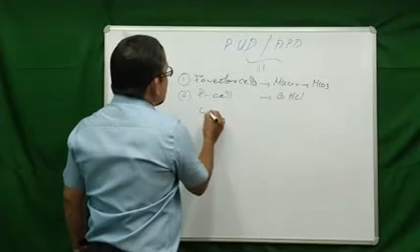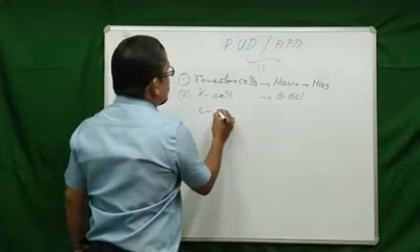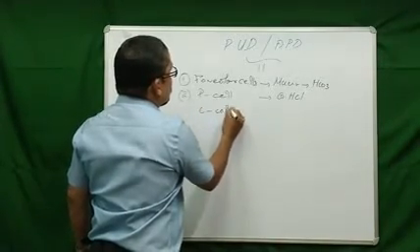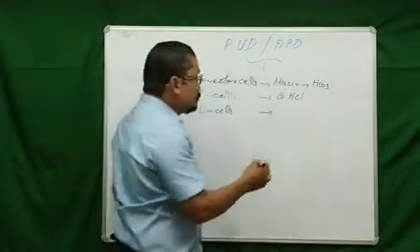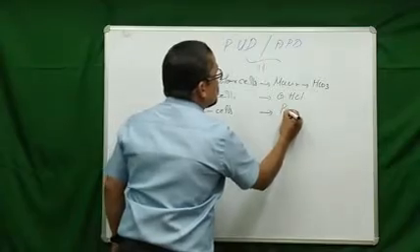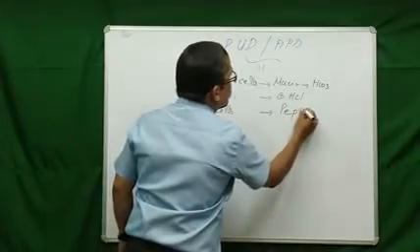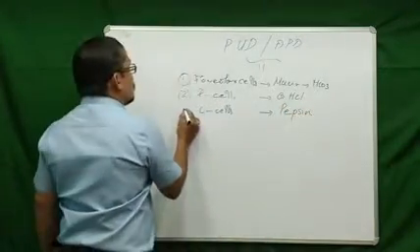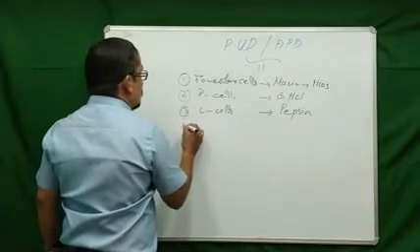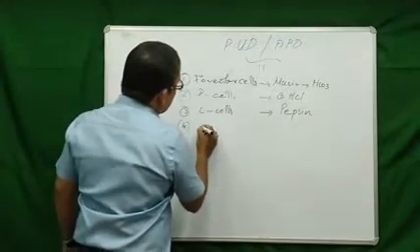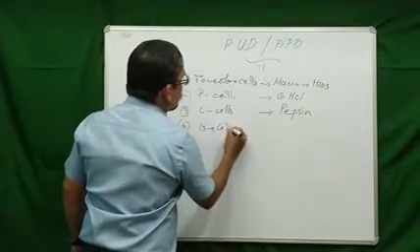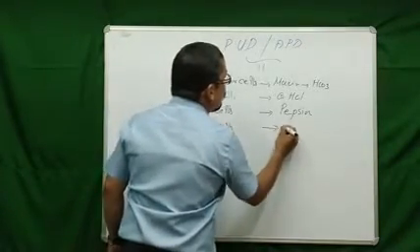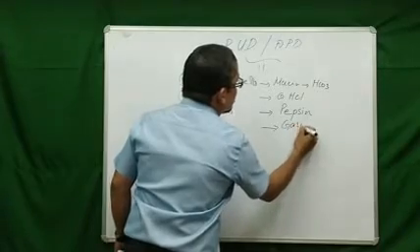Then C cells or chief cells, which are responsible for synthesis of pepsin. Number 4, G cells, which are responsible for synthesis of gastrin.